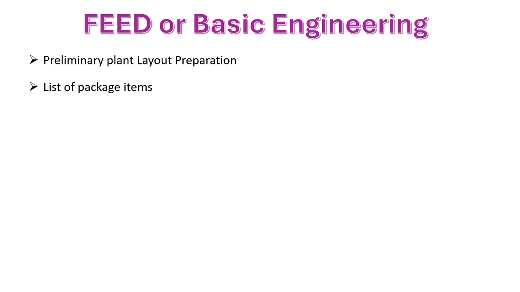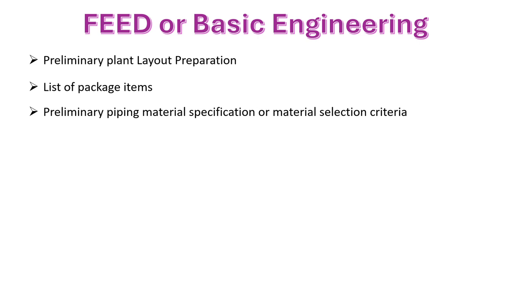That list needs to be prepared in basic engineering, and the scope of the package items needs to be defined in this phase. What items are provided by the vendors, and their accessories or spares, need to be prepared in this section.